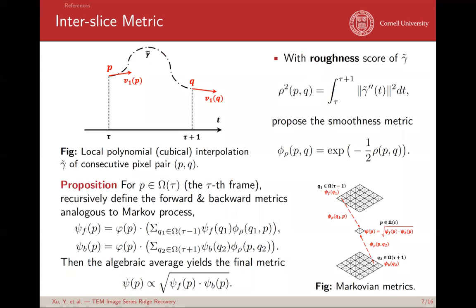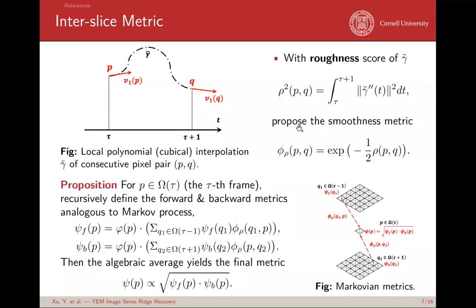And then here comes the main novelty of this work. Since we want to express the ridge as a function of time, the implicit continuity restriction must be made explicit. For two consecutive points P at time tau and Q at time tau plus 1, we interpolate them with cubic functions and measure the roughness as the integral of squared second-order derivatives.